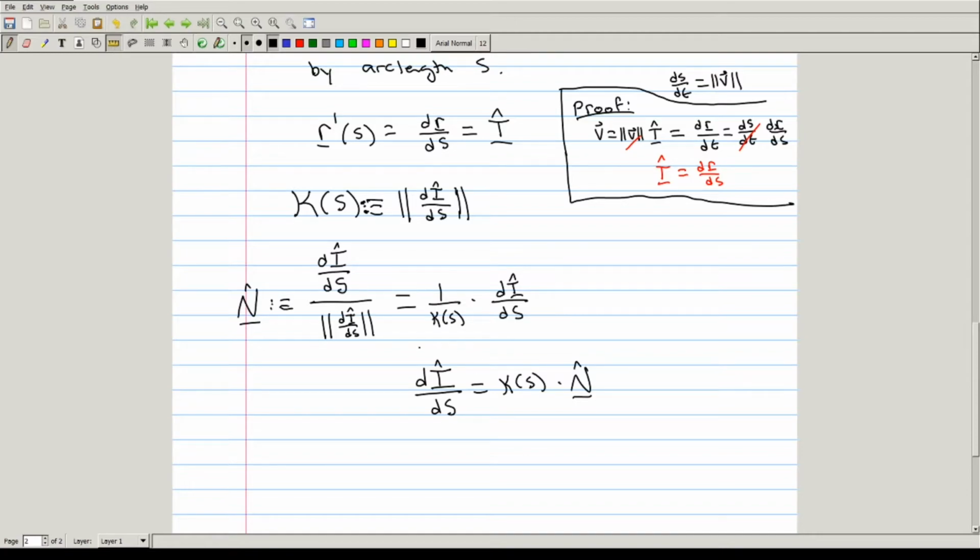And this is actually called the first Frenet formula. I'm going to have three separate Frenet formulas. This one is going to be number 1, because this is giving us a fundamental relationship between the rate of change of one of these vectors in the Frenet triplet, the Frenet frame, and the vector itself, along with the curvature.